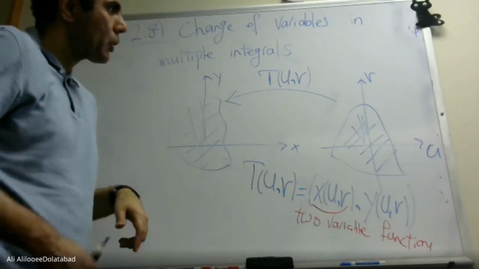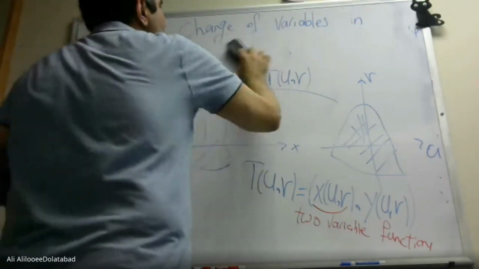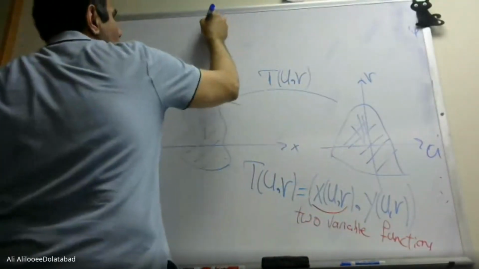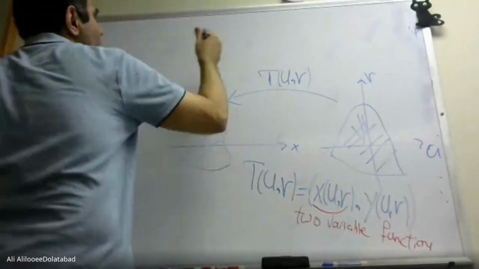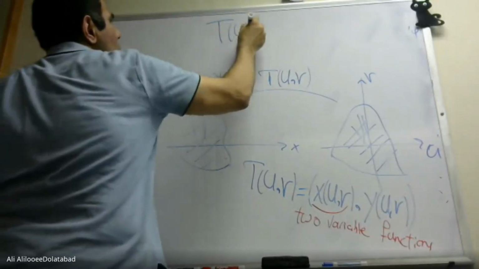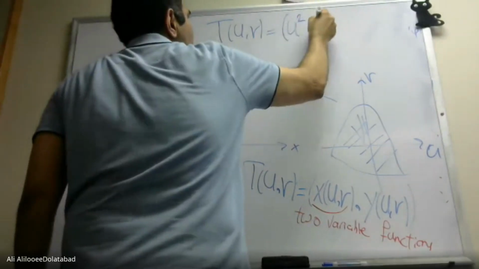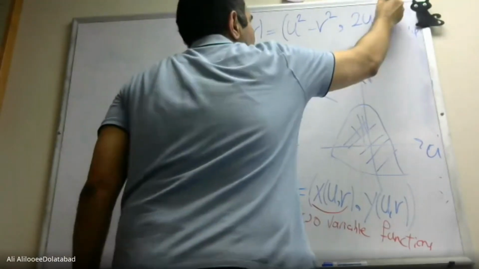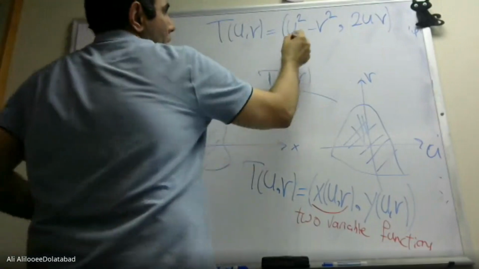Okay. Because I want to make this easier for you, let me give you one example of u and v to understand what I'm saying. For example, T of uv can be something like this: u squared minus v squared, comma, 2uv. Then see, this guy is a function of uv.